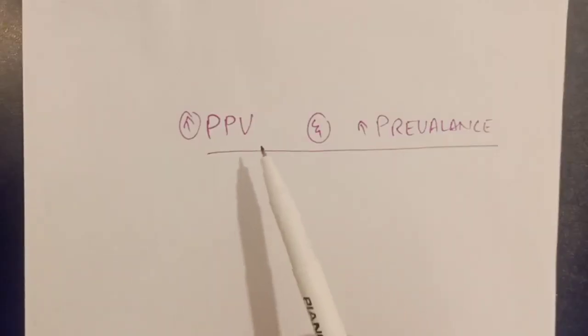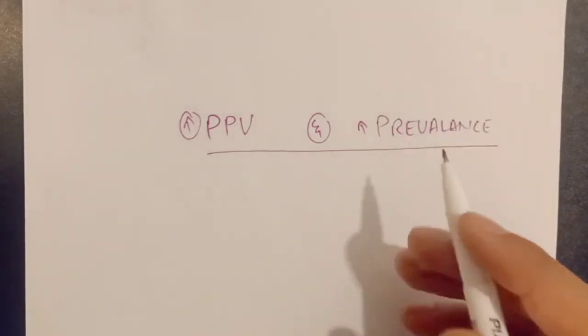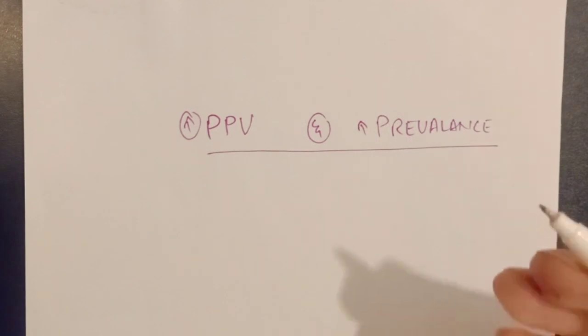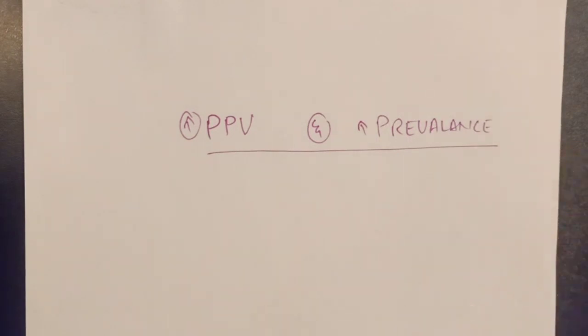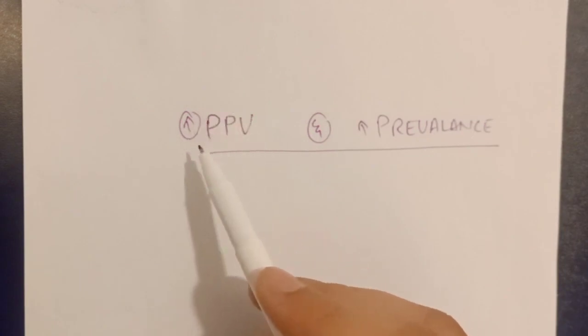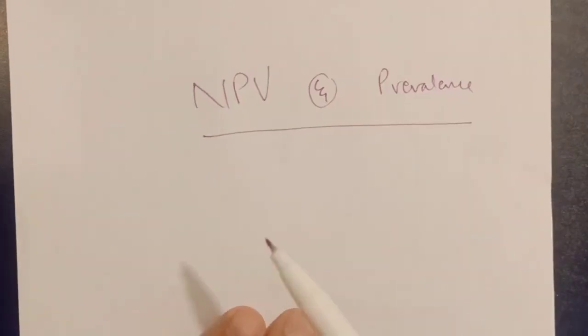Moving on to the last concept, predictive values and prevalence. Prevalence means the number of old and new cases collectively. If we are in a population where UTI is more prevalent, then if the test is positive in that population, the probability of actually having UTI will be higher.